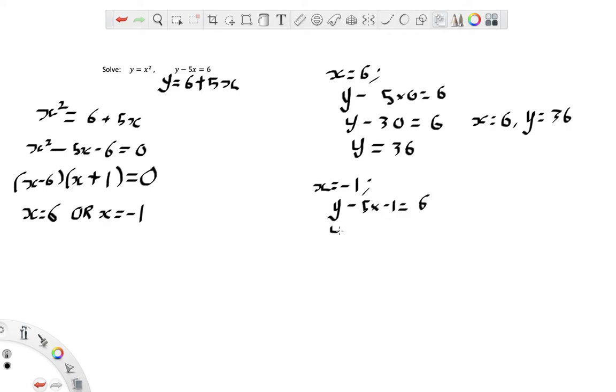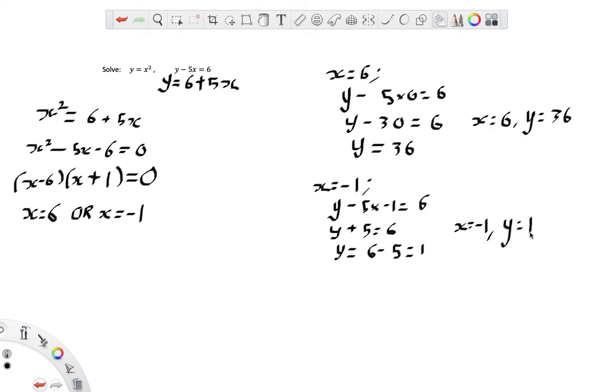Minus 5 times minus 1 is positive 5, and that's equal to 6. So then, to get y on its own, we've got 6 take away 5, which is of course 1. So when x is equal to minus 1, y is equal to 1.